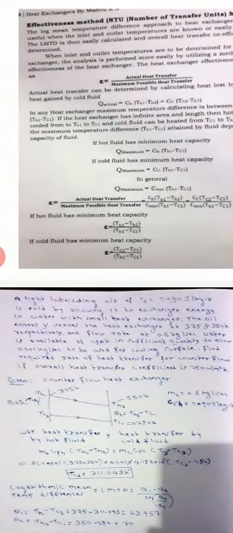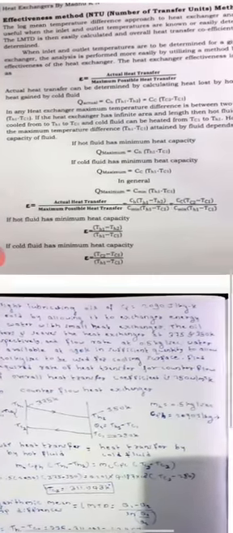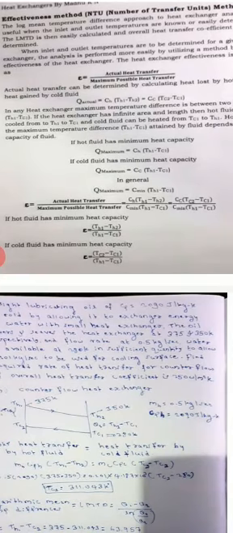Now we discuss a problem on the counterflow heat exchanger. A light lubricating oil of Cp 2090 joule per kg Kelvin is cooled by allowing it to exchange energy to water in a small heat exchanger. The oil enters and leaves the heat exchanger at 375 Kelvin and 350 Kelvin respectively, at a flow rate of 0.5 kg per second.